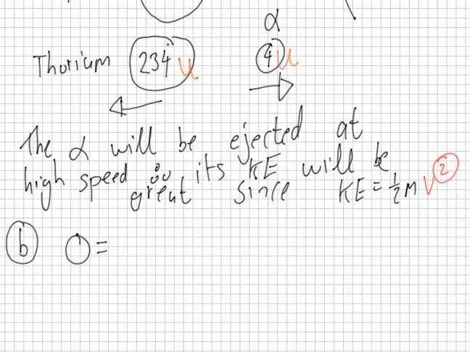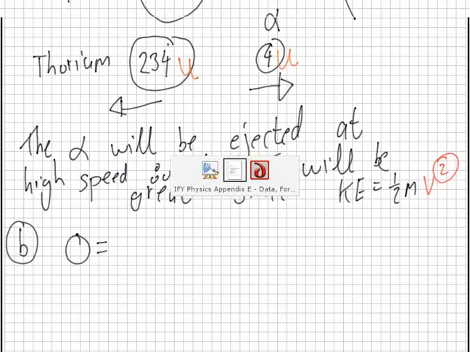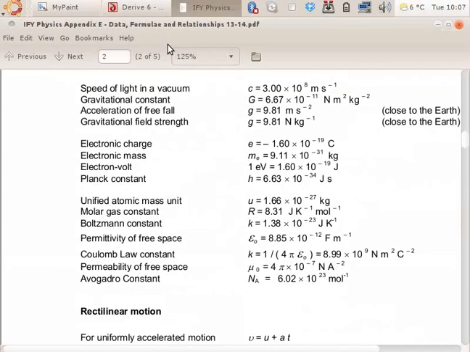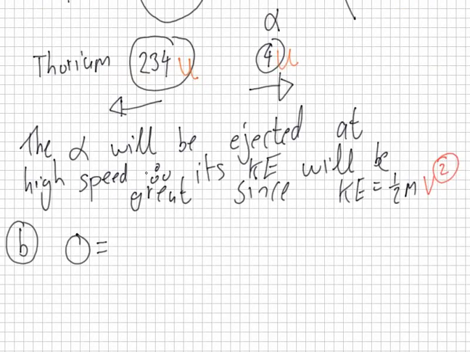If I look at the formula book, it's 1.66. Anyways, you don't actually need to put in what that number is because it'll cancel anyway. So I'll just write U. So 234 of these and then 4 of those.